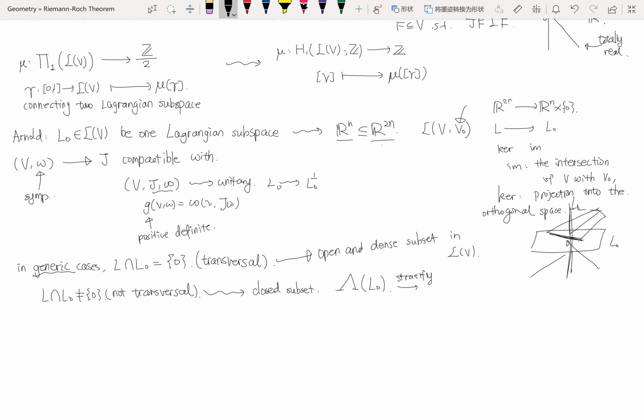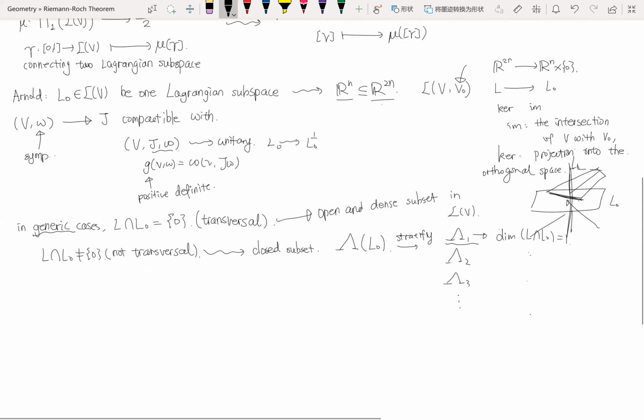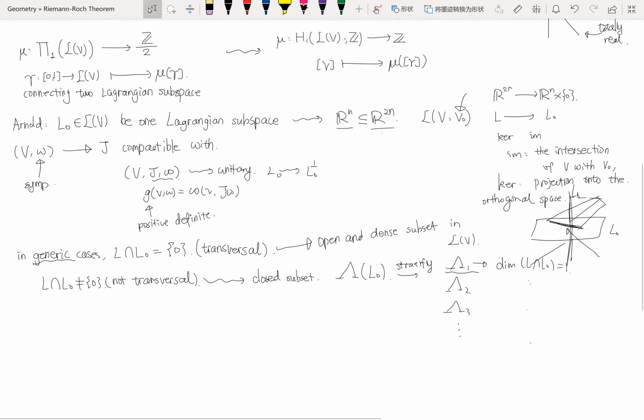We can further stratify it into different dimensions, where lambda 1 means the dimension of the intersection is 1, and then 2, 3, 4, and so on. In this case, the codimension of lambda 1 is 1. This can be easily seen from the definition.